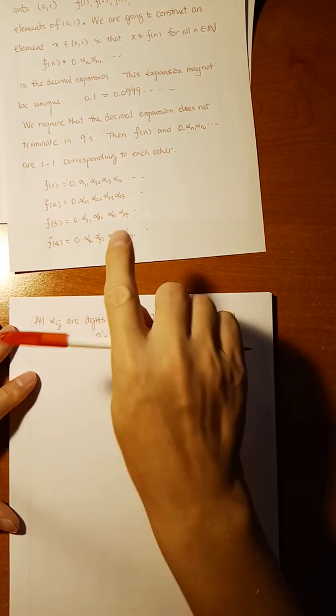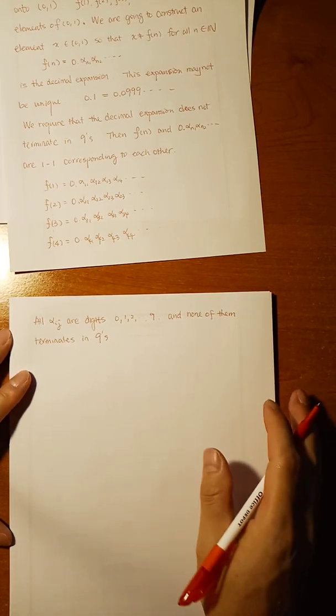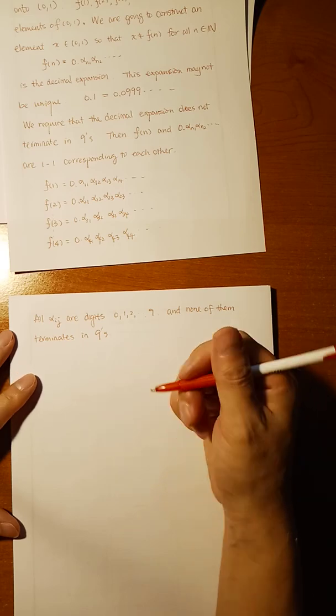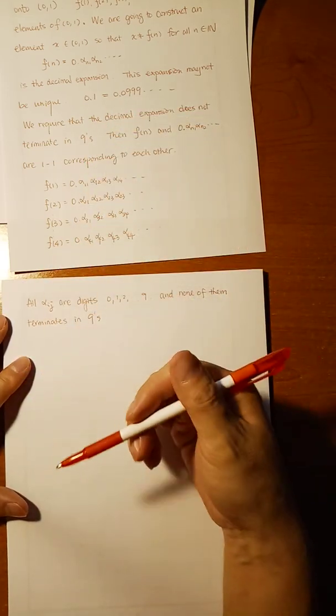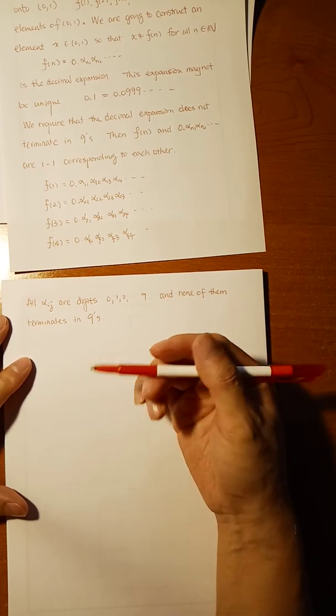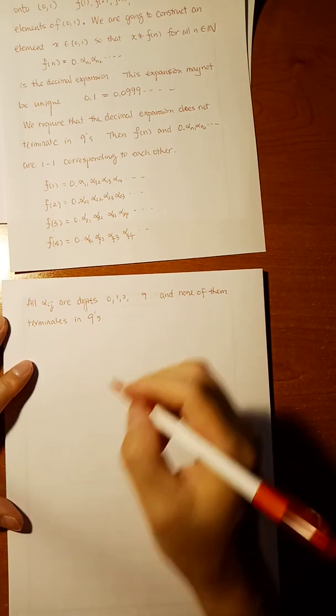You do not have 9 forever. We don't allow that. And then we can have the correspondence. That's how we list all the numbers in the interval (0, 1) if it is countable. Now let's try to construct the missing ghost.